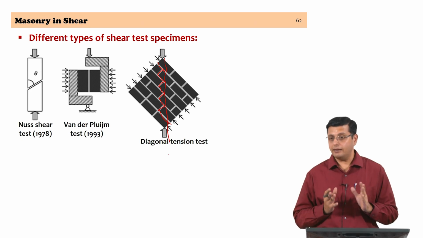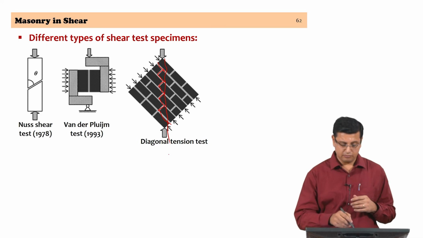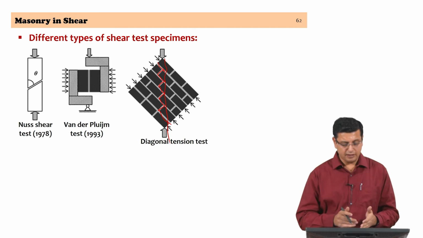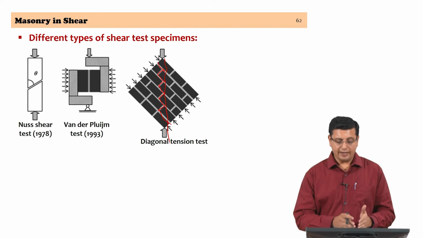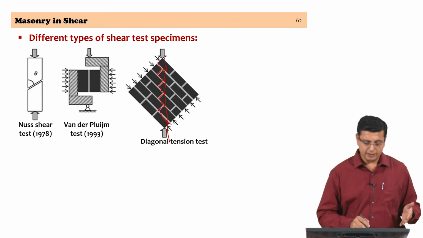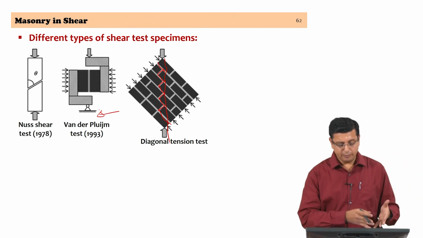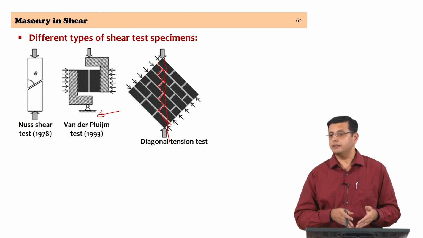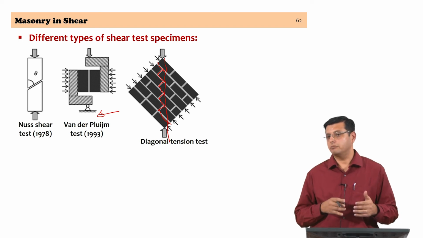So, again if it actually rips through the unit with a line failure versus if it actually fails in the joint, the characterization of the joint strength could actually come from a test such as the Van der Ploeg test, whereas the Van der Ploeg test is not going to be able to successfully give you the strength in shear of a masonry panel if a line failure is going to be resulting.